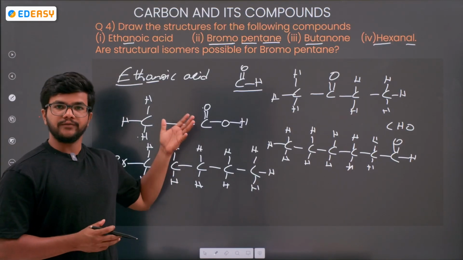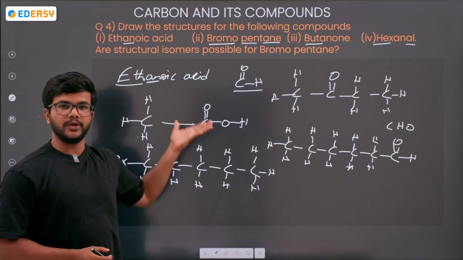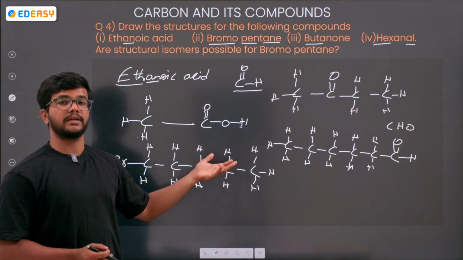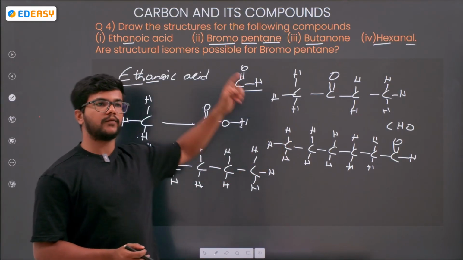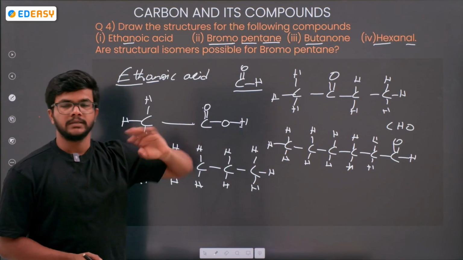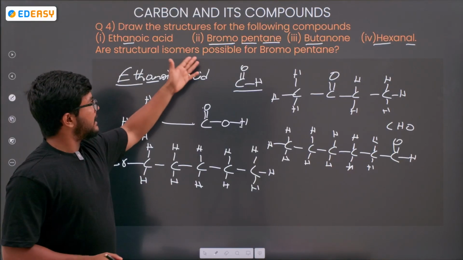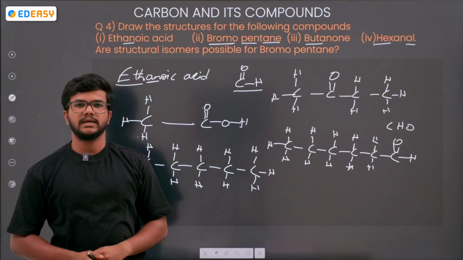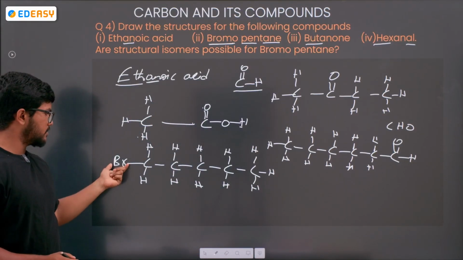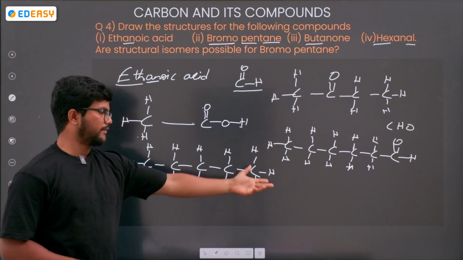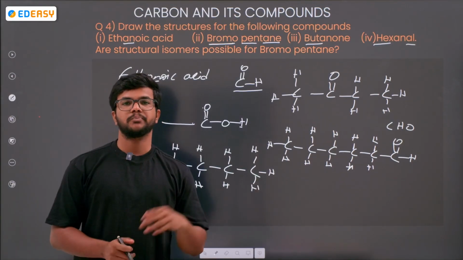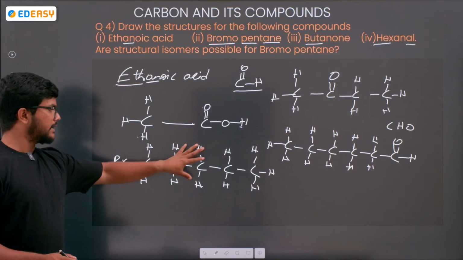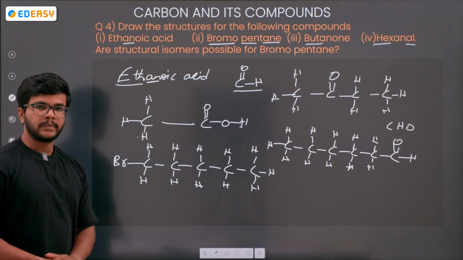So with the given formula, you can draw the structures like this. With the given structures, you can write the formulas like this. Okay. So are structural isomers possible for bromopentane? Yes, bromopentane structural isomers are possible, because bromo can be in the first position, second position, third, fourth, fifth position. Any position it can be. So structural isomerism means, can we change the structure of the pentane?